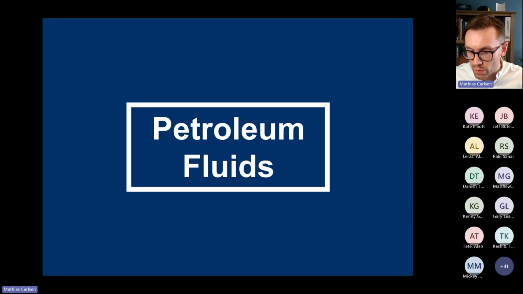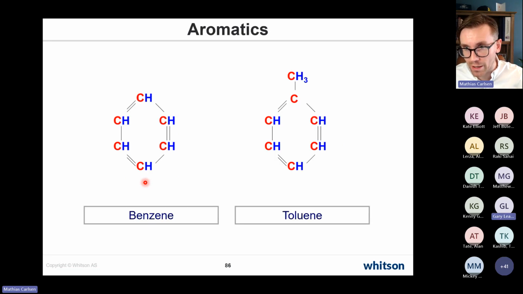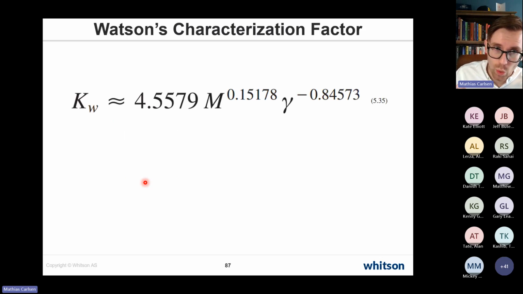When it comes to petroleum fluids, we typically deal with alkanes: paraffins, naphthenes, and aromatics. When you go to a basin, the first thing Curtis Whitson does when he gets a fluid report for a new field, even the biggest fields in the world, like the Ghawar field in Saudi Arabia, is calculate what's called the Whitson characterization factor.